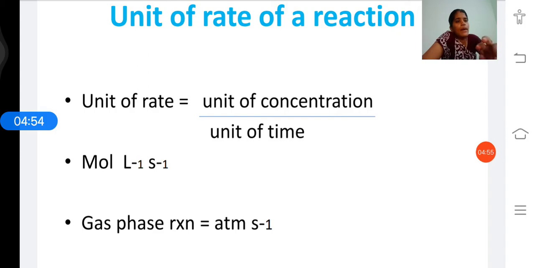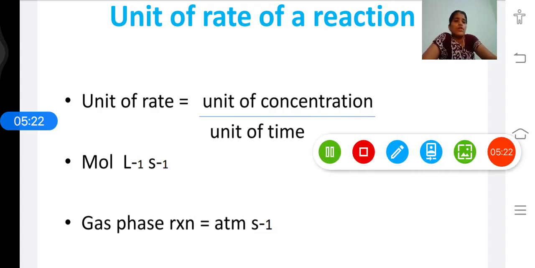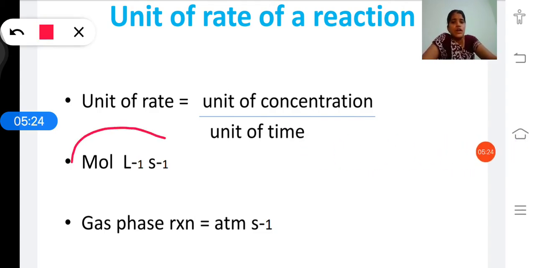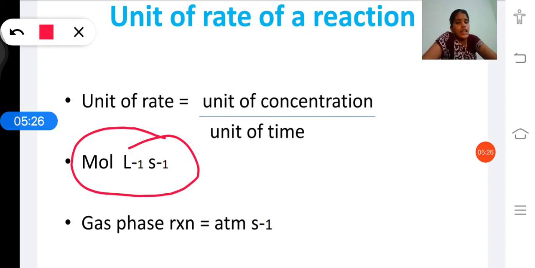Minus d[A] divided by dt for reactants is equal to d[B] by dt for products. So it is also expressed in mole liter and seconds. So very important, what is the unit of rate of reaction? Mole liter inverse and second inverse.